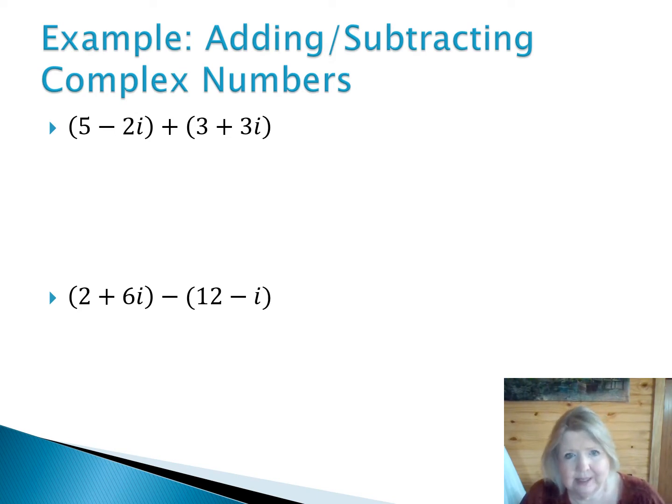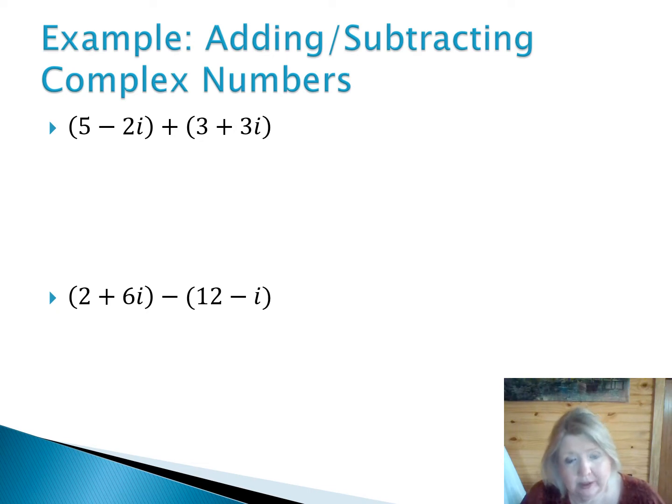Note the parentheses here are denoting the fact that these are two complex numbers. It's not 4 terms, it's 2 numbers. But I treat it like a binomial plus a binomial, where we add the like terms.